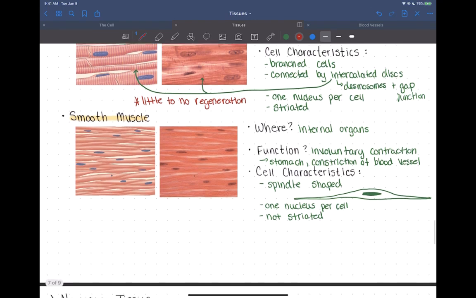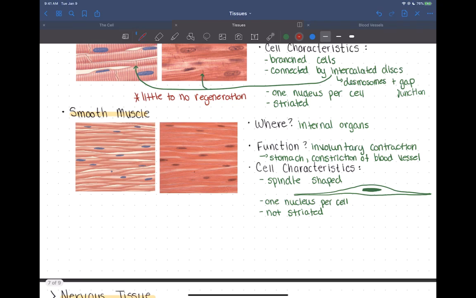And then we also have smooth muscle, which, of our 3 types of muscle, has the best regeneration, right? So good regeneration in our smooth muscle. If we rank them by the amount of regeneration they can perform, smooth muscle would be the best, followed by skeletal muscle, which is pretty good, somewhat limited, and then pretty much none at all for cardiac muscle.